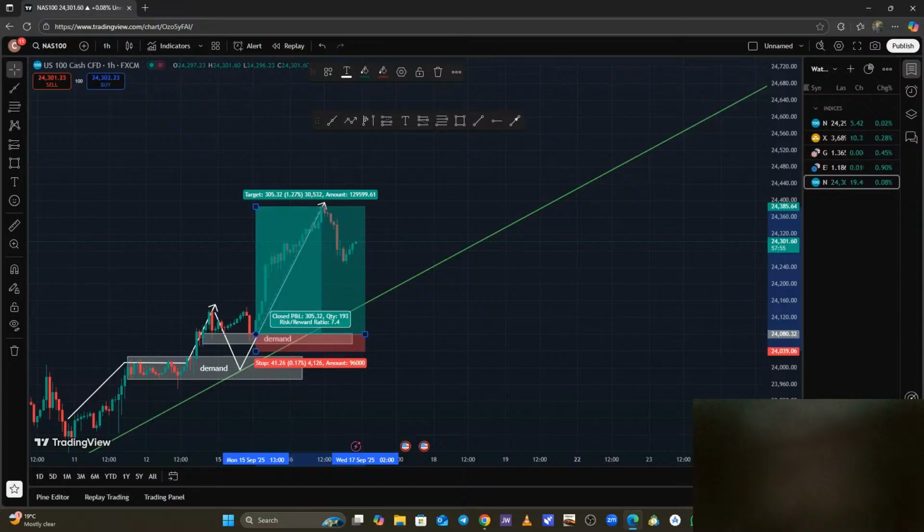I already talked about this before, but let me just say it here again. When you are trading, maybe you can take a screenshot of this. Let me just bring up the image. Nice.